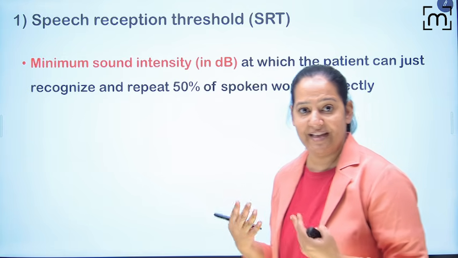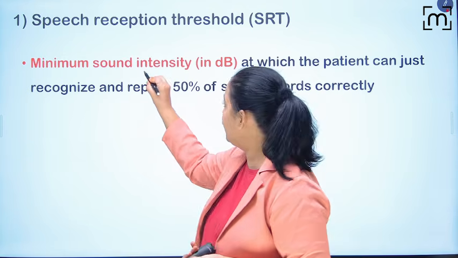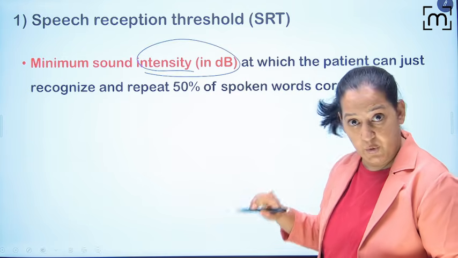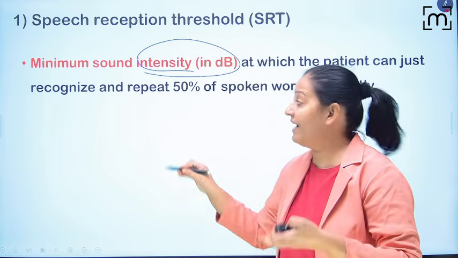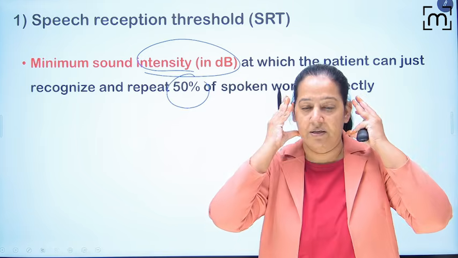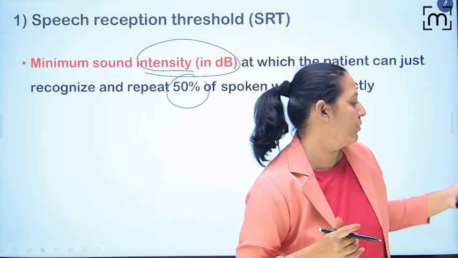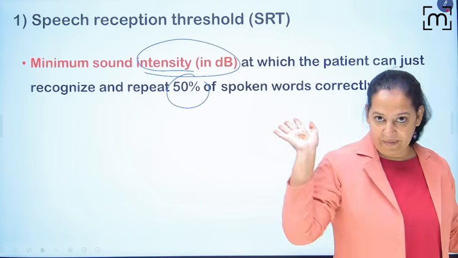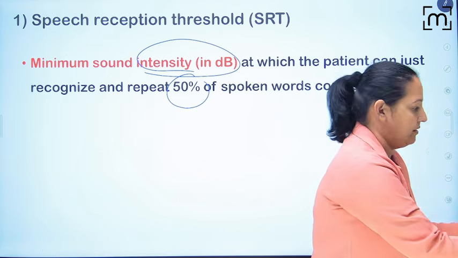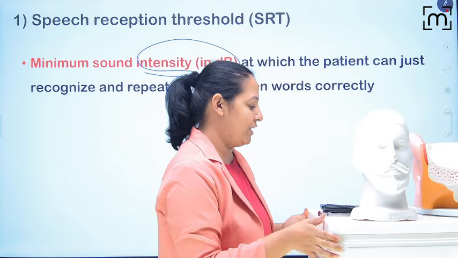Here, the principle is that we want to find the minimum intensity at which the person can repeat 50% of the words correctly. Suppose I am the patient and you are performing SRT on me. Let's take the mannequin over here.